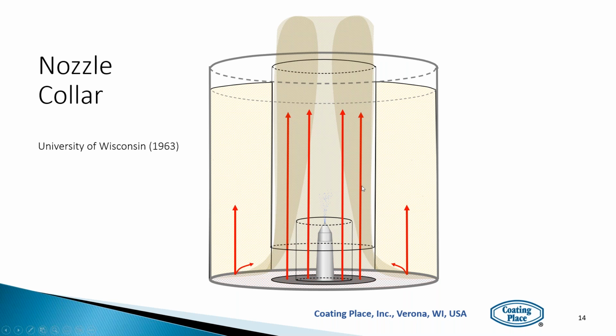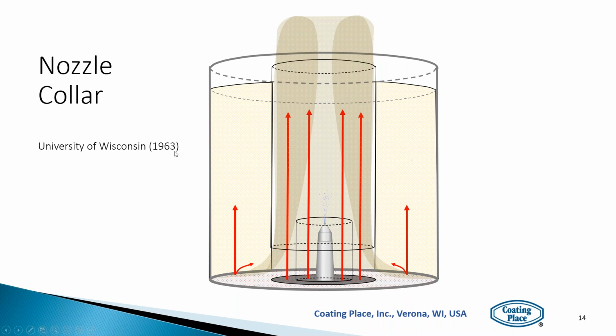So another thing you may be aware of, there are equipment manufacturers that have various means to provide a shield to force particles that come into the upbed to stay away from the spray zone until the spray is more fully developed. This is something in the IP from the University of Wisconsin.